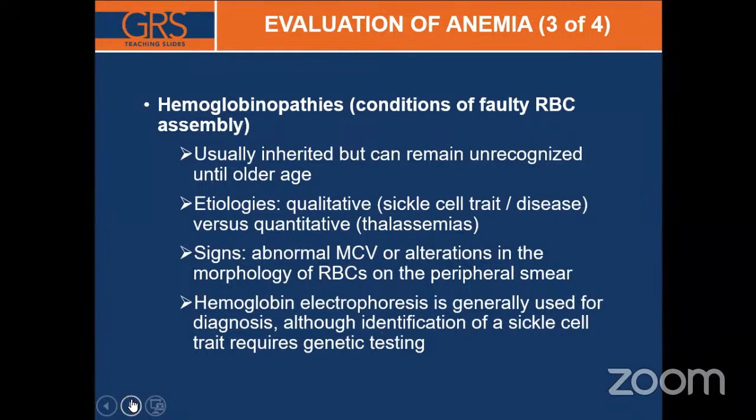Diagnostic signs: abnormal MCV or alteration in morphology of RBCs on the peripheral smear can indicate hemoglobinopathies such as sickle cells, and this is seen in sickle cell disease, or target cells, and this is commonly seen in thalassemia. Hemoglobin electrophoresis is generally used for diagnosis, although identification of sickle cell trait requires genetic testing.